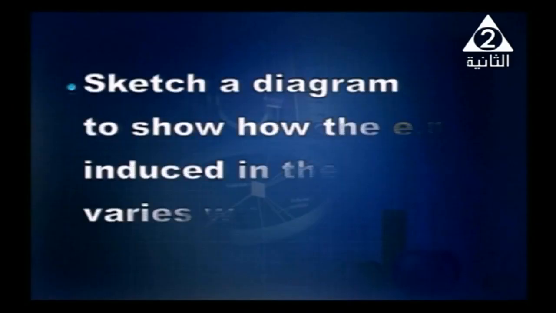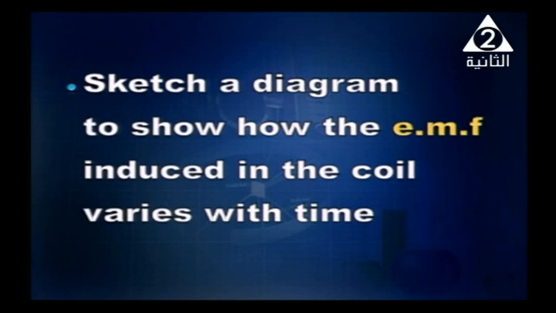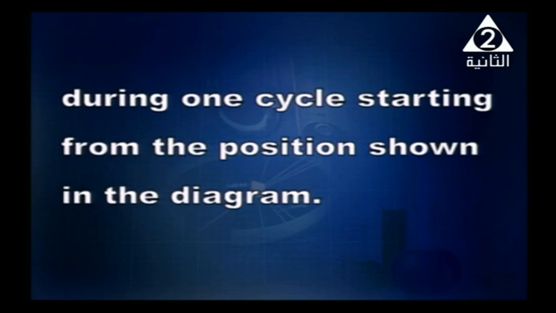We want you to sketch a diagram to show how the EMF induced in the coil varies with time during one complete cycle, starting from the horizontal position shown in the diagram, where the EMF induced is maximum. So we should start from the maximum EMF. It is shown.